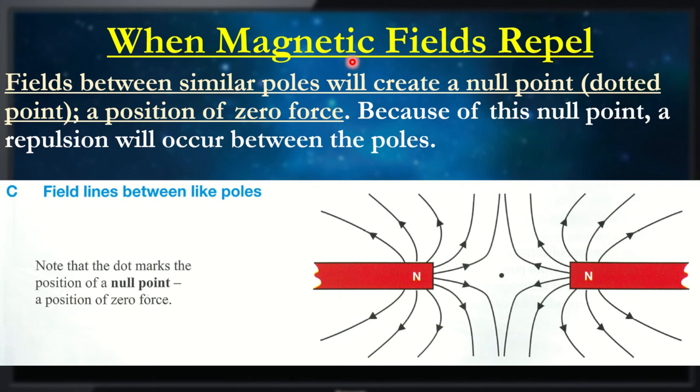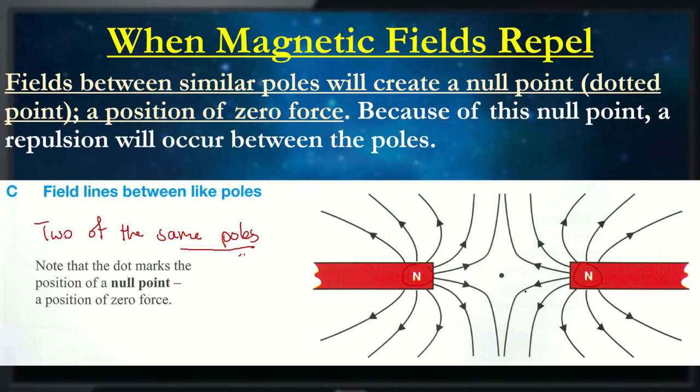Now, how would we represent this diagram if magnetic fields were to repel each other? Firstly, in order to have magnetic fields repel, you need two of the same poles. In this case, we have two north poles, so that's what we have.